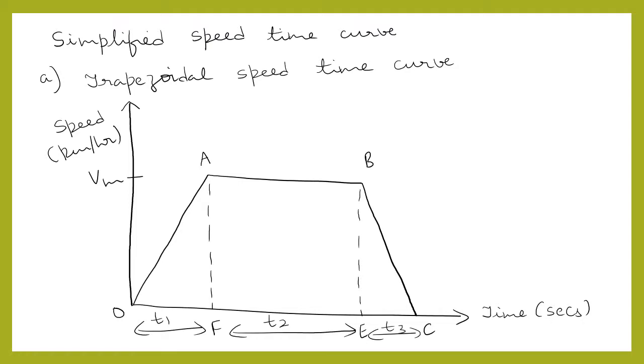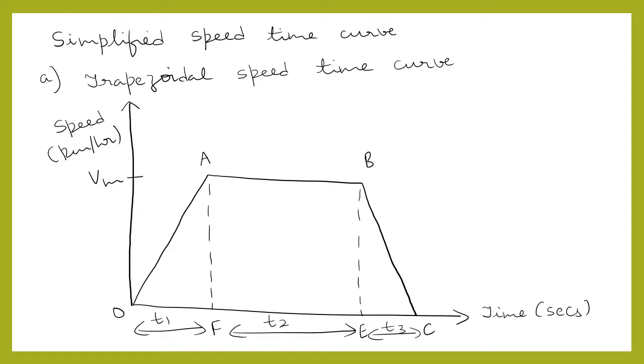So we have the simplified speed time curve for mainline service, which is the trapezoidal speed time curve. Here the acceleration period is approximated using a straight line and also the coasting and braking period is approximated using a straight line. So we have the maximum speed Vm, that is the maximum speed attained by the train.